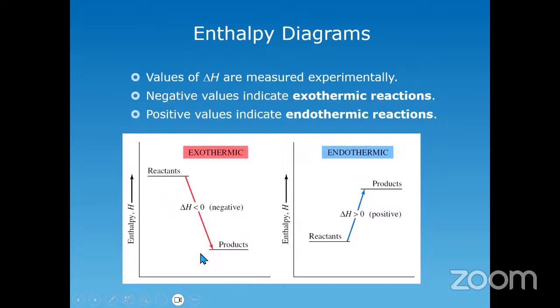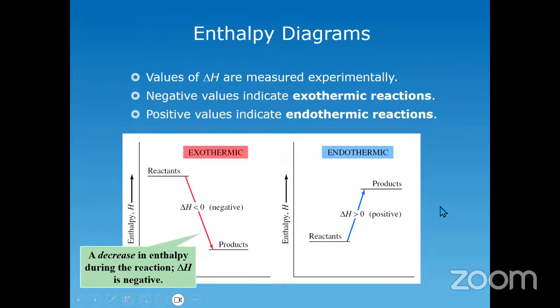So remember, it's always enthalpy of the products minus the enthalpy of the reactants, which would mean that the enthalpy change is going to be negative, and therefore that's what happens in the case of an exothermic reaction. And then in the case of the endothermic reaction, the opposite is true. The enthalpy of the products will be greater than the enthalpy of the reactants, so therefore delta H would be positive, all right?